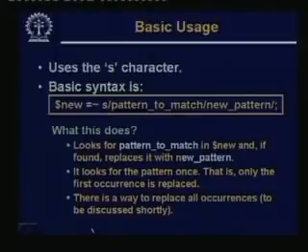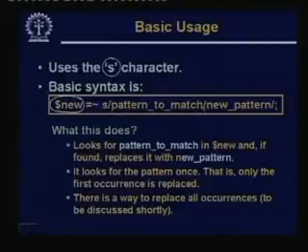The basic usage of the substitution mechanism is by using the s character, and the general syntax looks like this. On the left hand side you will have some variable which refers to some string, $new is a string, then the operator =~, and if there is an s after that, this means a substitution. s/some pattern to match/.